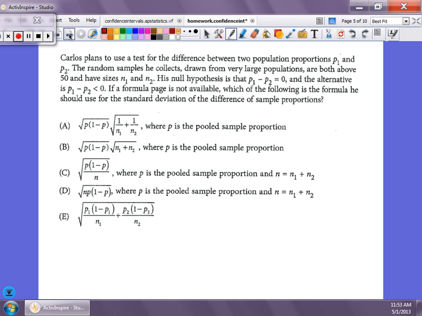The next problem. Carlos plans to use a test for the difference between two population proportions, P1 and P2. The random samples he collects, drawn from very large populations, have sizes N1 and N2. His null hypothesis is that P1 minus P2 equals 0. This is important. Based on that null hypothesis, we can pool the data as if we drew one large sample from a single population.